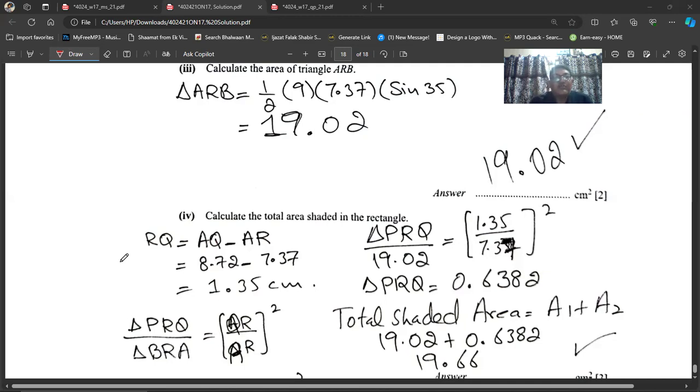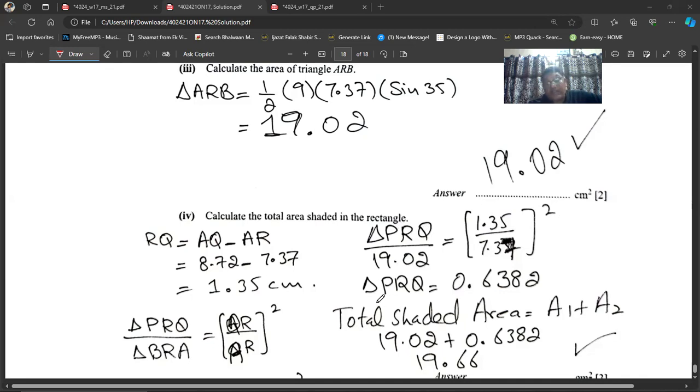Then they want me to find the area of this triangle. The area of the triangle PRQ divided by the area of the triangle BRA will be equal to QR divided by AR, whole square. So the area of the triangle PRQ divided by 19.02, the area of this triangle I know, and its side is 1.35, this side is 7.37, whole square.